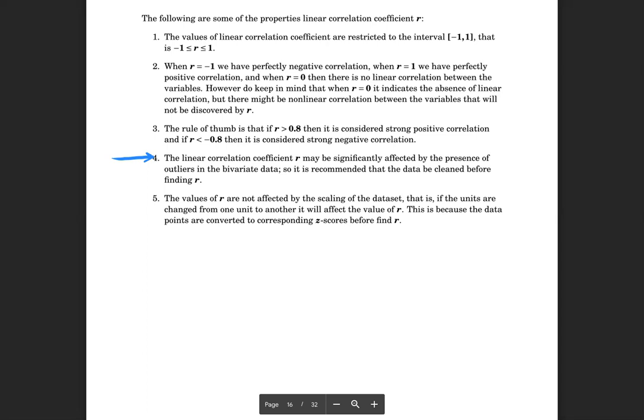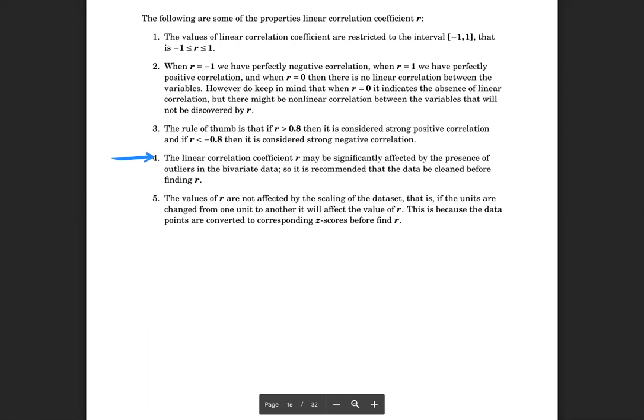Do a visual observation of the data points, or use some software to find out if there are data points that are more than 3 standard deviations away or something like that. Those are really extreme points, so you may want to exclude those.